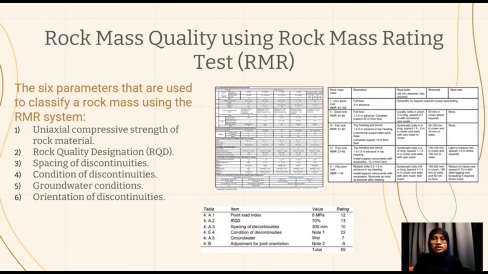Assalamualaikum, my name is Nur Rosnina binti Nisa, and I will explain the methodology of rock mass quality using the rock mass rating test, which is RMR. The rock mass rating RMR method, also known as the geomechanics classification, was described in detail by Bieniawski in 1976.